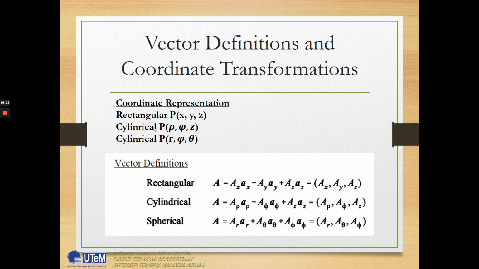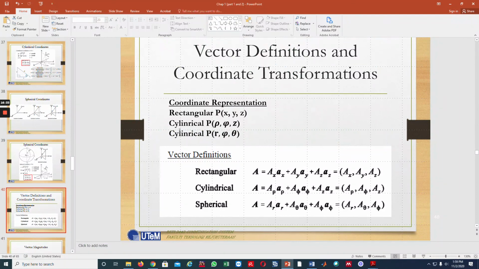So the coordinate representation of the same point P: in rectangular we write X, Y, and Z. I made one mistake again, it's supposed to be spherical.